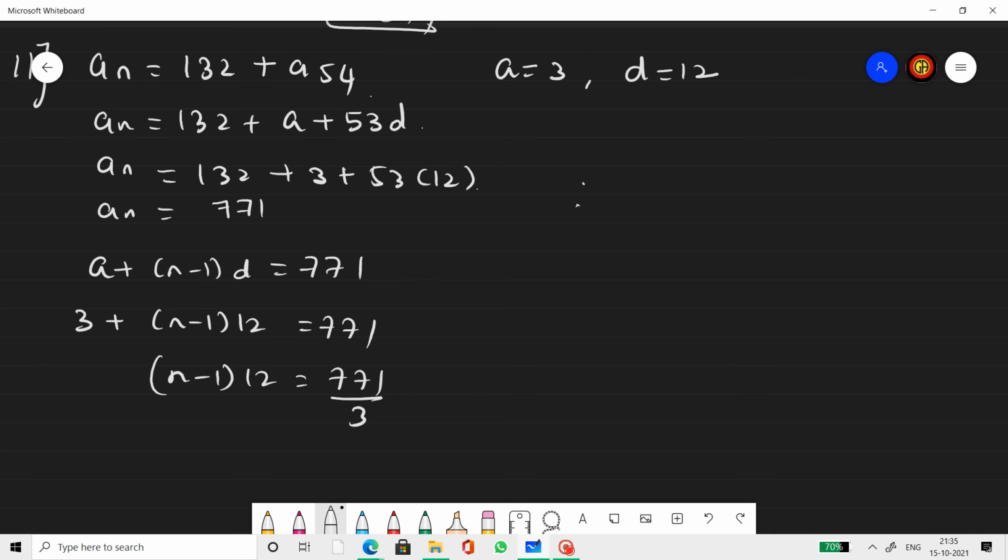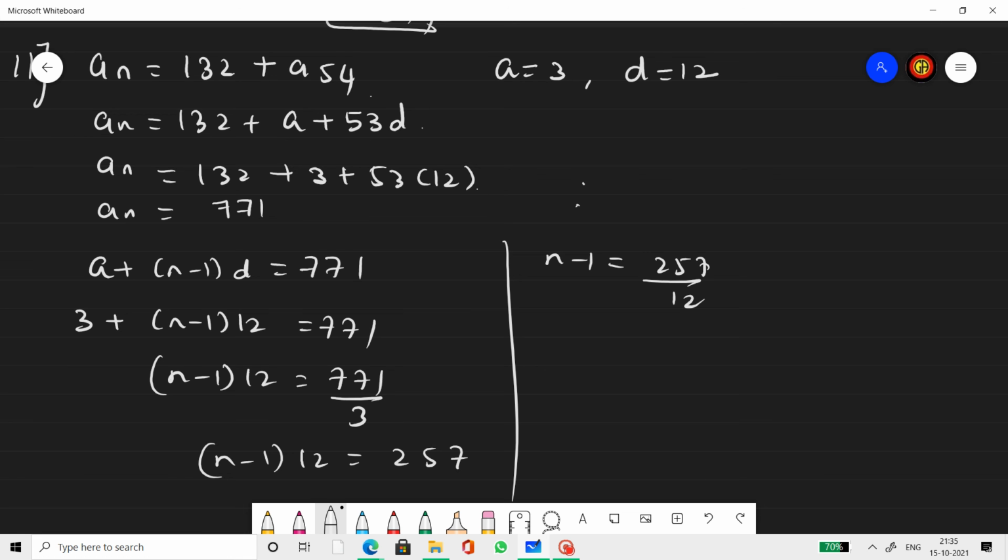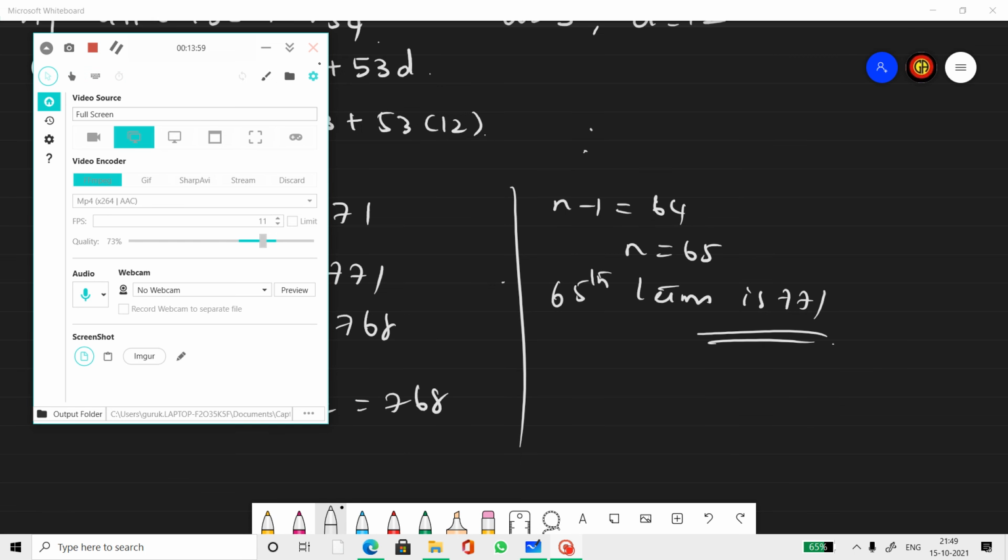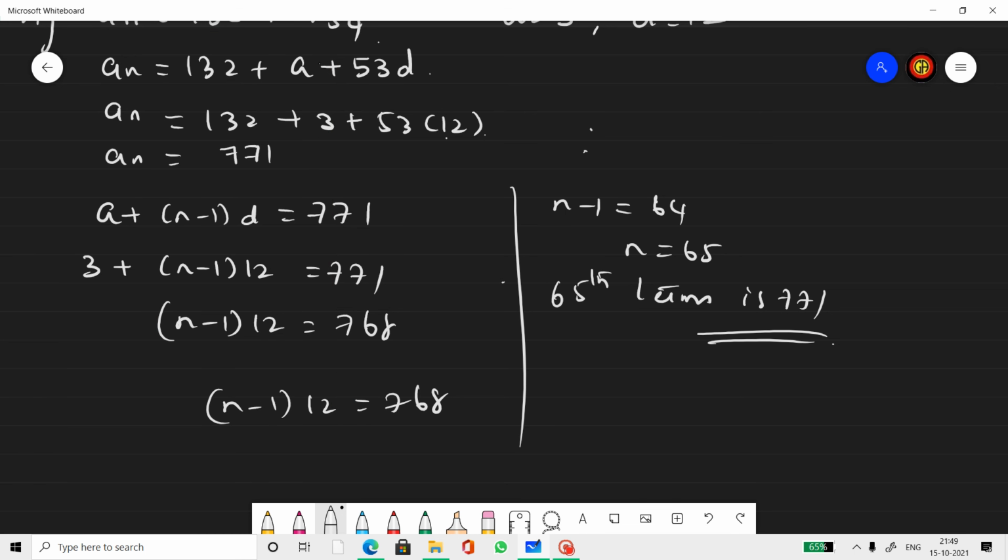So n minus 1 into 12 equals 771 minus 3. 771 minus 3 is 768, divided by 12, you get 64, and then n is 65.